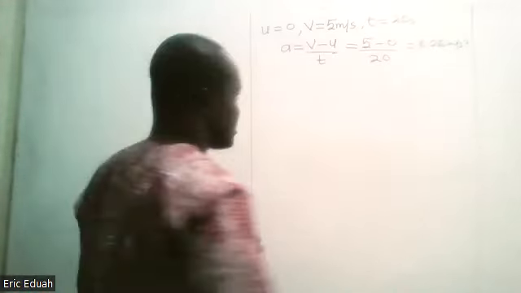Okay, so we have to draw a velocity time graph. This is just a sketch. If you are asked to draw, you have to use a scale drawing on the graph. So just the velocity axis and time axis.